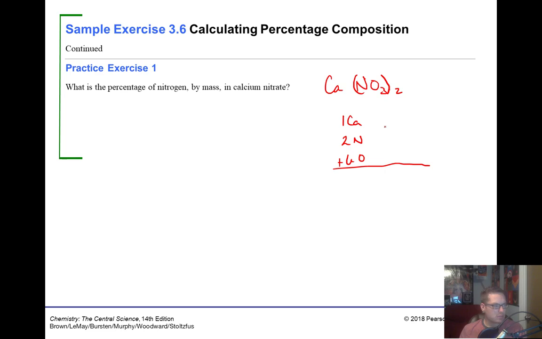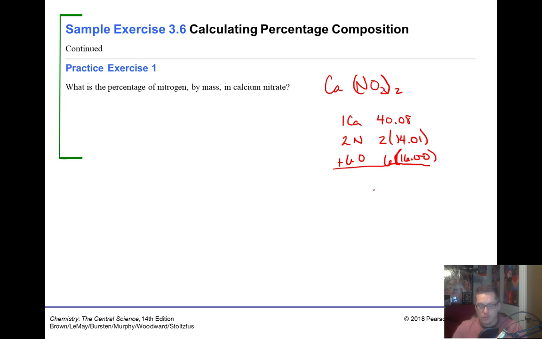So we've got 1 calcium, 2 nitrogens, 6 oxygens. Add them together. Calcium is 40.08. Nitrogen is 14.01, we've got 2 of them, and oxygen is 16.00. Make sure that's curvy so it looks like a parentheses.